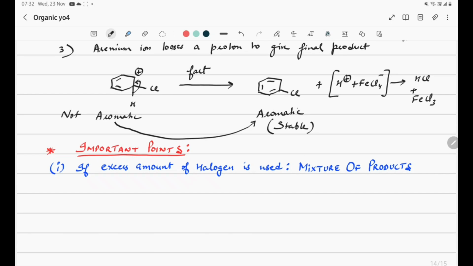Now, what are the important points which we should remember for this reaction? First, if an excess amount of halogen is used, then we will get a mixture of products.